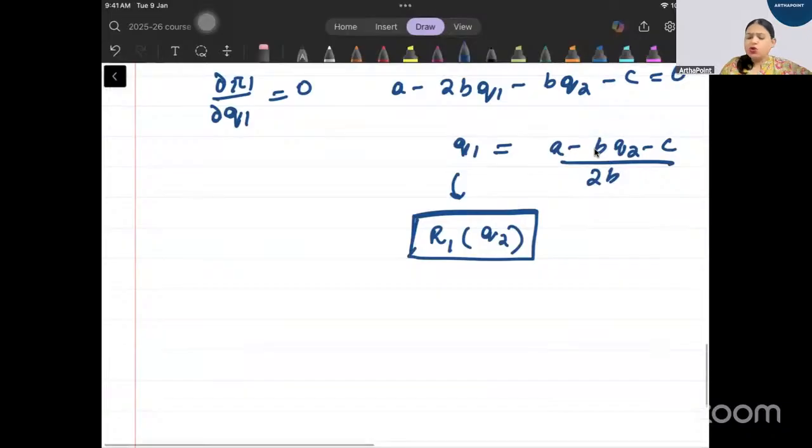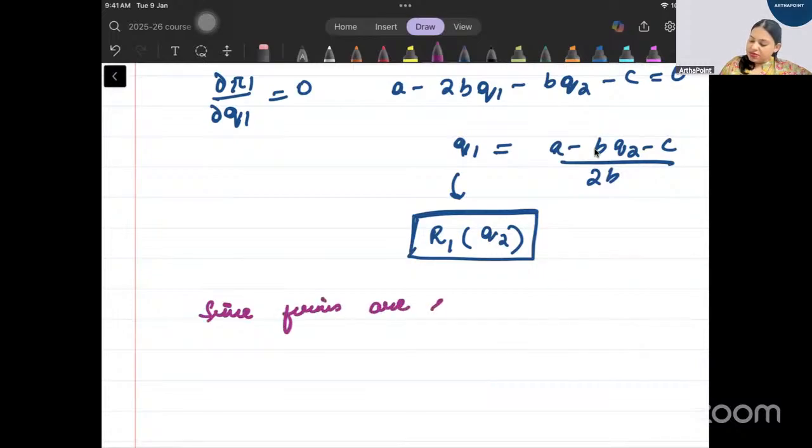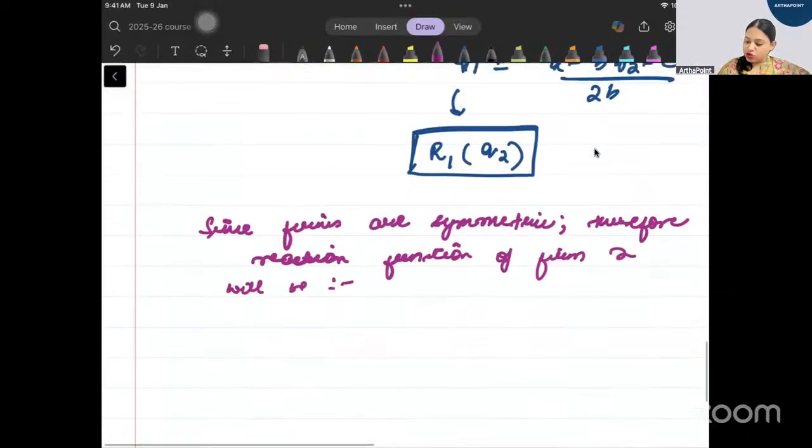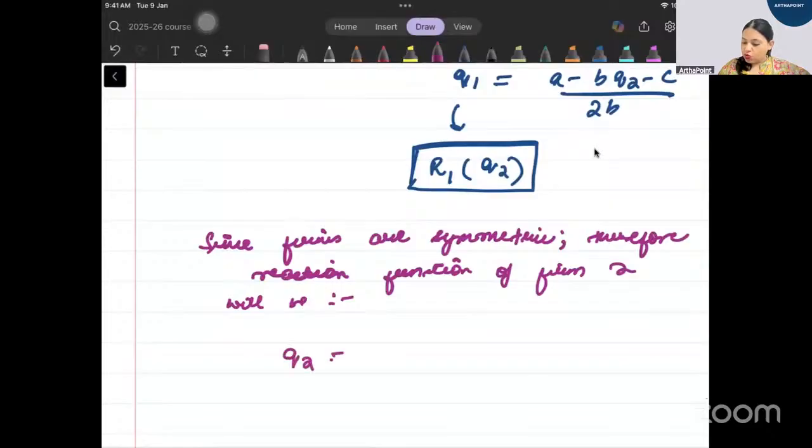You don't have to solve for the other firm. You can say that since firms are symmetric, the reaction function of firm 2 will be Q2 equal to A minus B Q1 minus C by 2B.